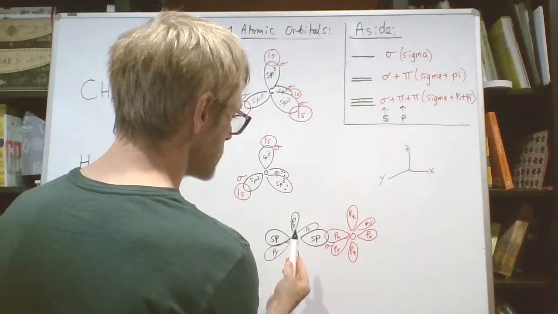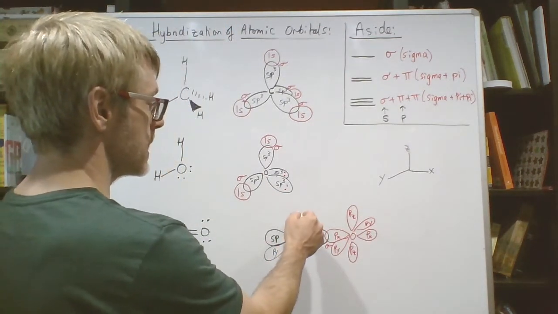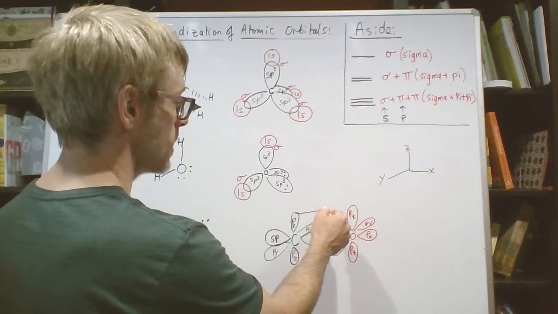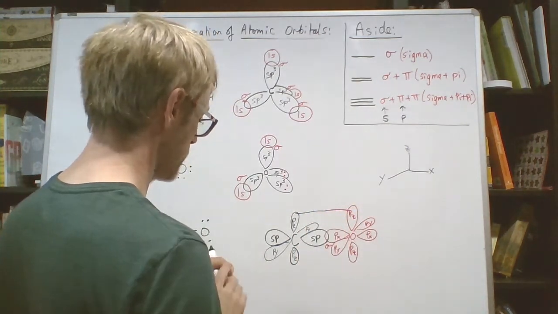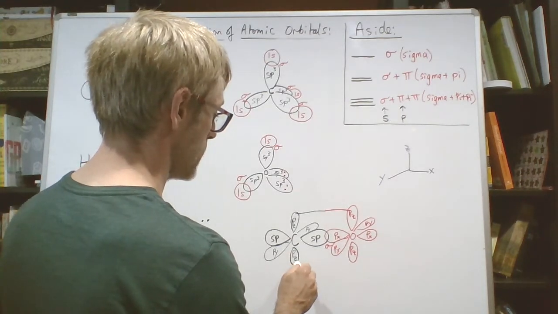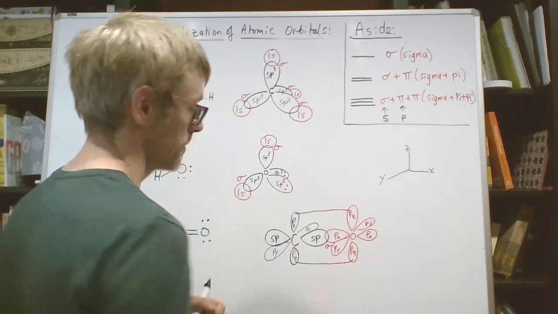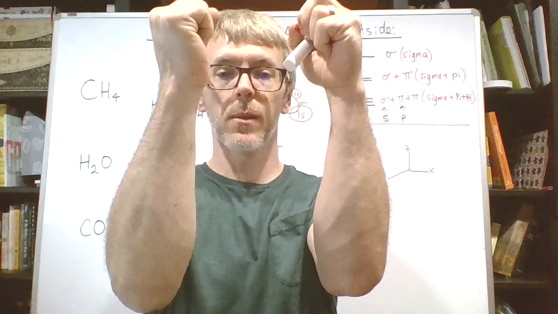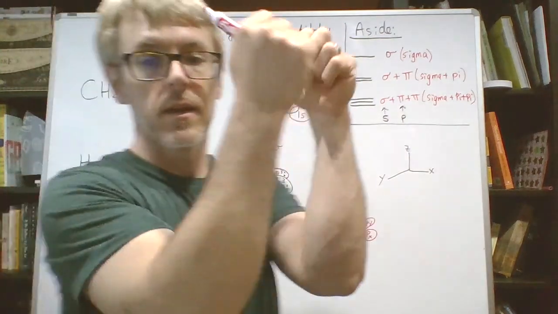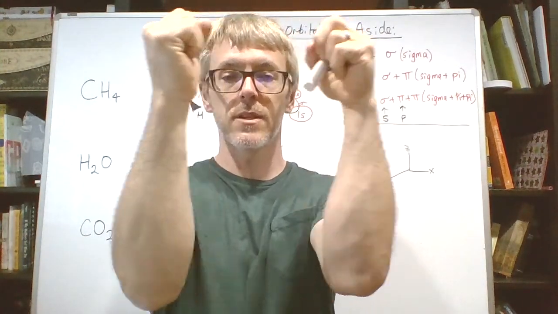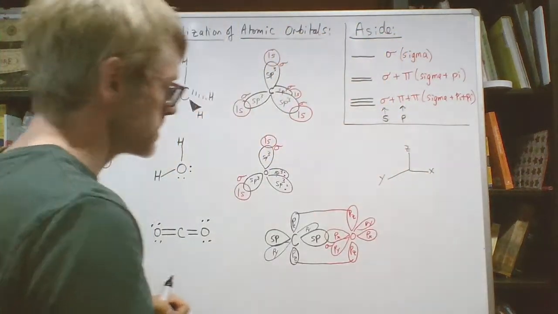Okay, so notice I have two parallel pz orbitals. So there's an interaction between the parallel p orbitals. You imagine two parallel p orbitals, so my elbows and my wrists are parallel. Imagine my elbows and my wrists are interacting somehow, they're sensing each other's presence.